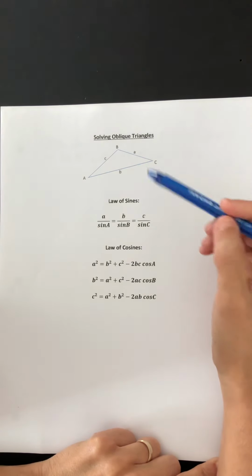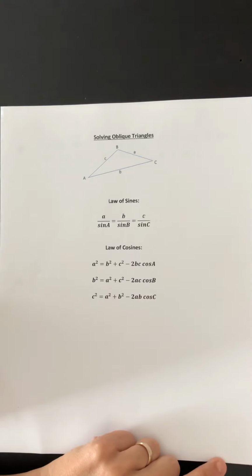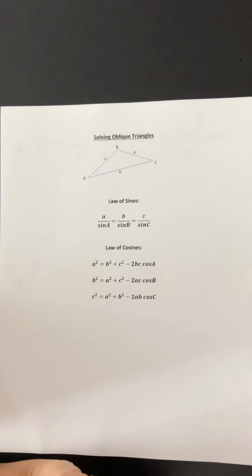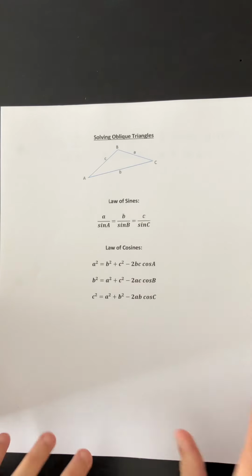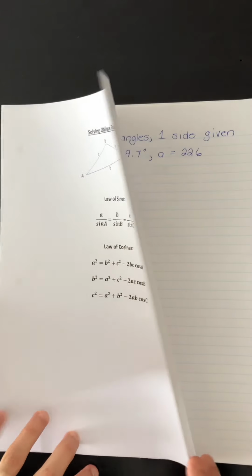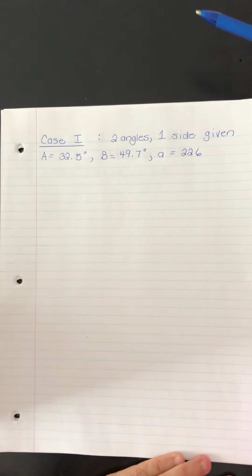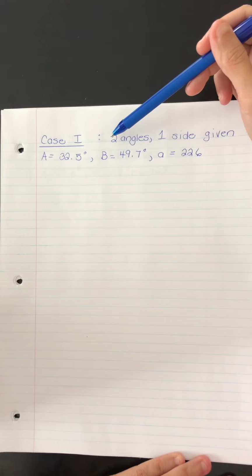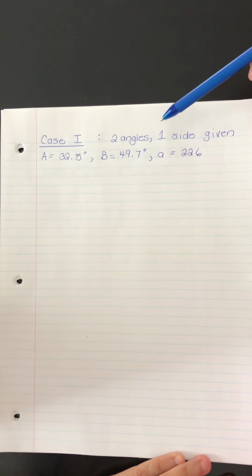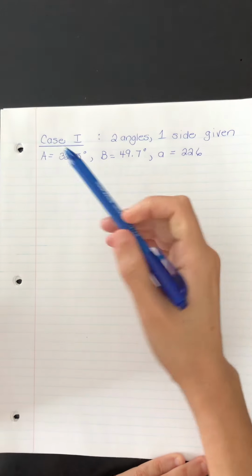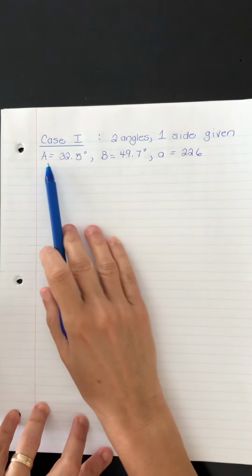Okay, so again, we're going to have 4 cases in total, but for this first video, we will look at only the first 2 cases. So here is case 1. In case 1, we will be given 2 angles, and we will also be given 1 side length. And here is the example I'm going to solve with you.